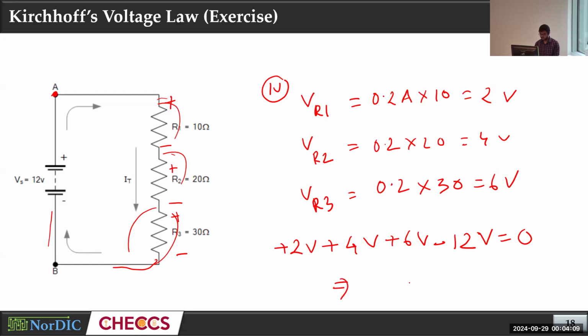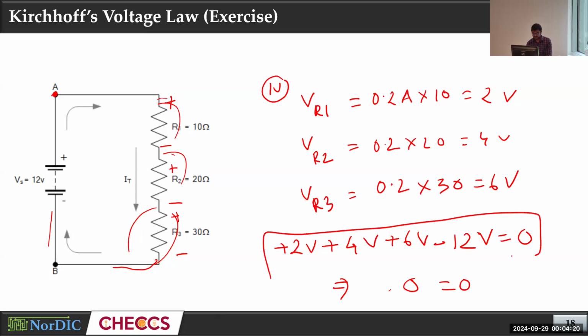And if you see, that is true, right? So you don't need to remember anything else, you just need to remember the steps that we use to write the KVL. If you can remember that, then you can do all the other things.